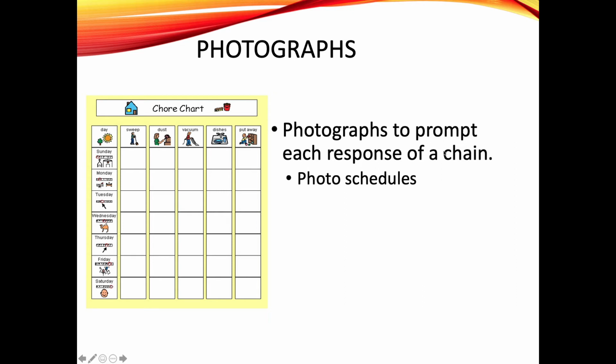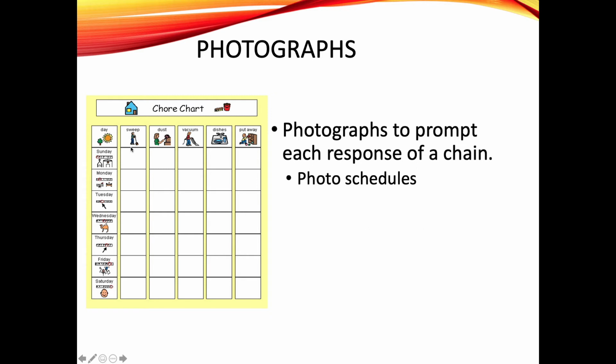So what that may look like is we walk the person over to the chore chart, and instead of physically guiding them to point to the first chore, we may say point. And if they don't do it, then maybe we motion toward the first picture, in this case sweeping.